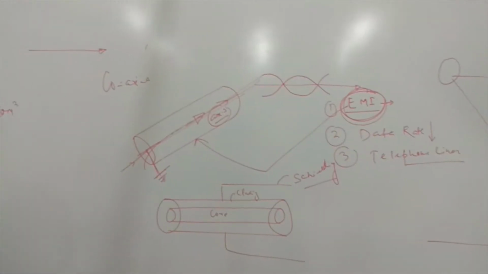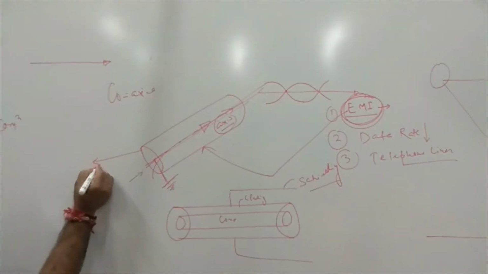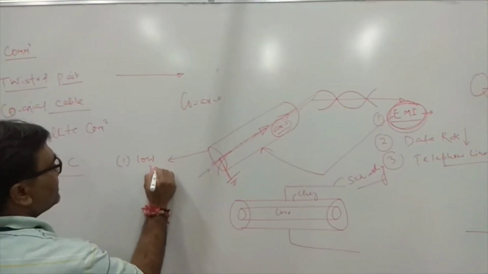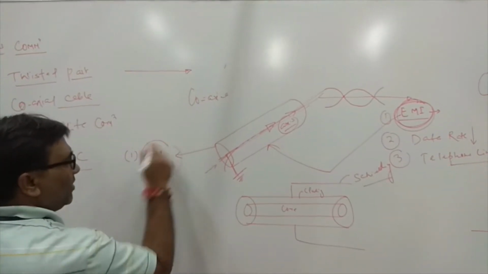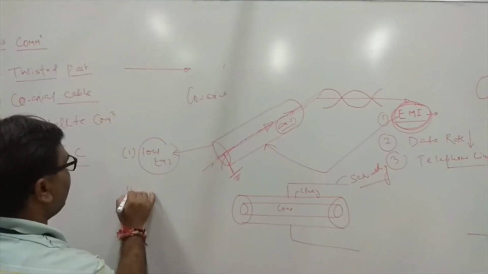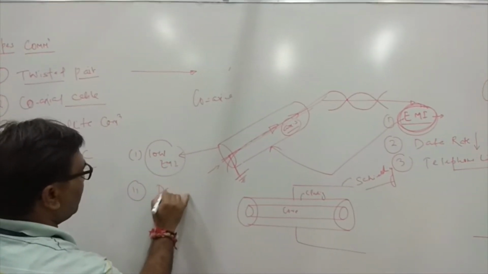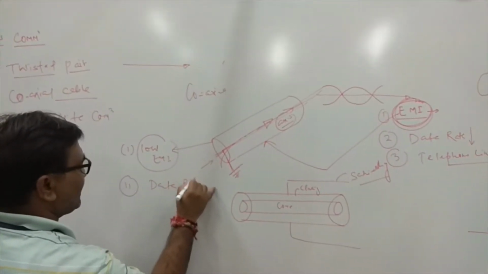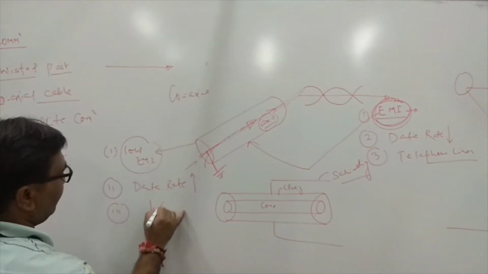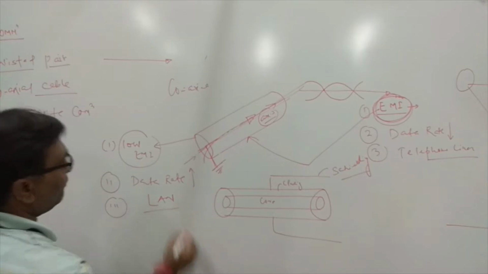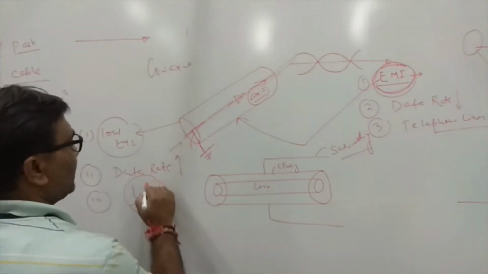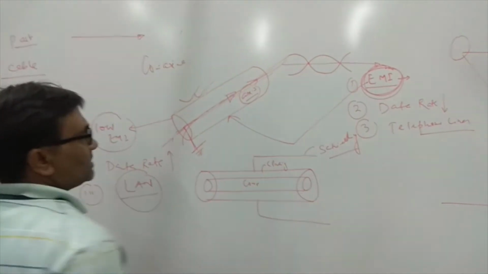So this is the advantage: low EMI loss, or very little loss is associated in this case. Second, in coaxial cables, the data rate support is high. So with high data rate, we can use it for LAN cable. We are using coaxial cables for local area networks, right?